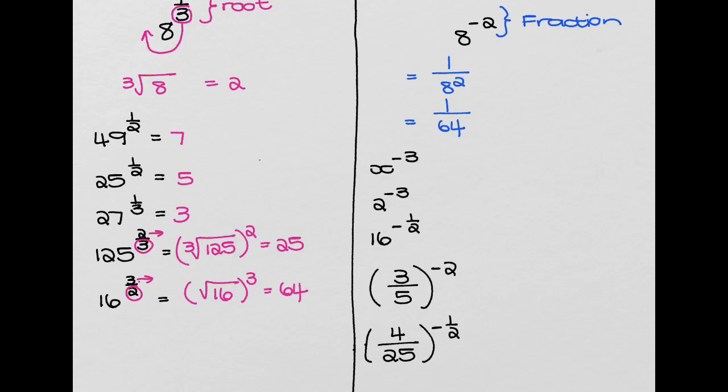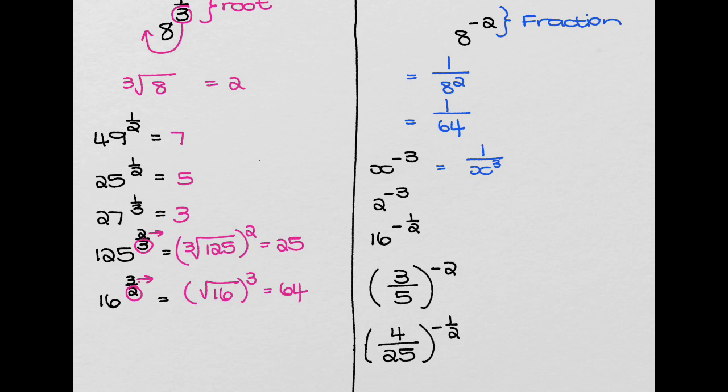All right, so now I've got a whole bunch of negative indice ones, and we're going to play around with them. And then I've also put in some fractional ones just to show you how it works. So that negative on top of the x would be 1 over x to the power of positive 3.